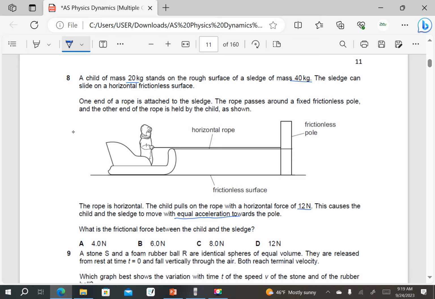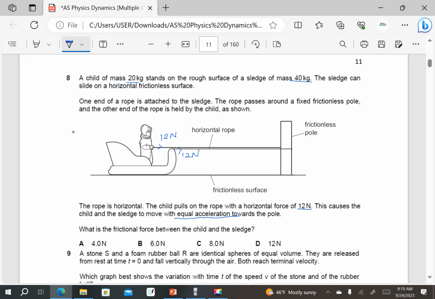Okay, so there is a forward force on the child from this rope, and this is a force of 12 newtons. That means the sledge is also pulled, so there is also a forward force of 12 newtons in this rope on the sledge.